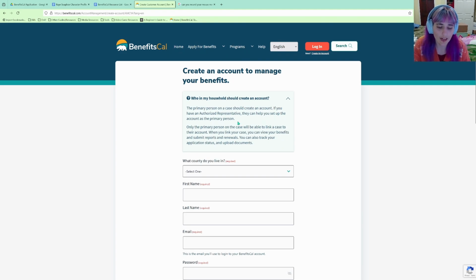In theory, I have had local counties mess up that part of the process, so I would recommend inputting the information of the person who is going to be dealing with communication for your benefits, which is supposed to be the person generally who is filling out the information. Sometimes you can have a different person filling out your information, like maybe you fill it out together or you authorize someone else to do it. As I said, there's a whole authorized person process, but that's all I'll say about that.